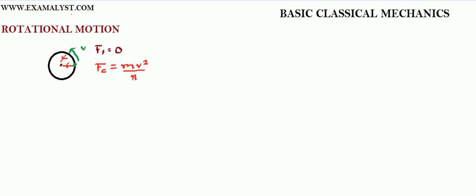Agreed? Remember, the linear force is 0 here because the object is moving at a constant velocity. Even so, there is always a centripetal force, because this force is required to keep the object in circular motion, as we have already discussed in our last class.